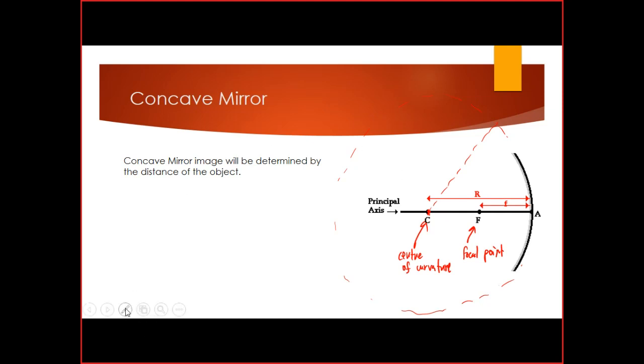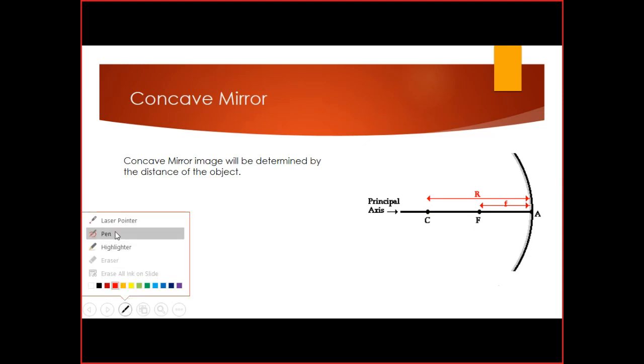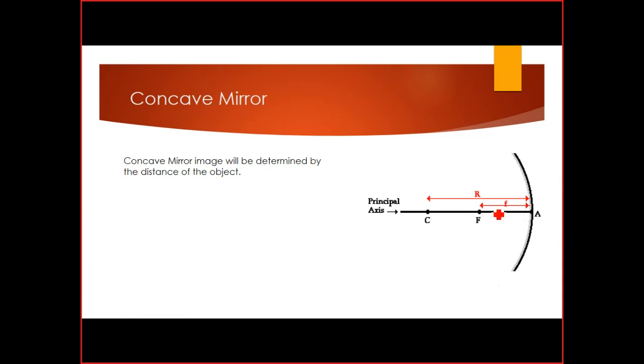Things that you might want to jot down and take note of: this F is the focal distance, the focal length. This R is the distance, the radius, from the center to the concave mirror. And one more thing to note is that if a light ray hits this concave mirror, the light ray will go in.